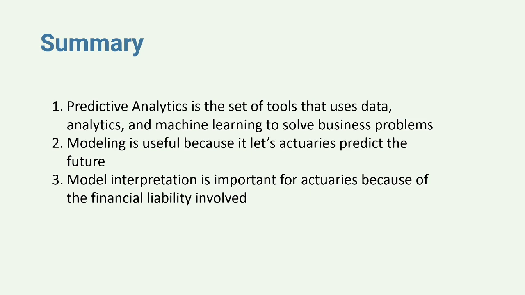Suppose that you're an actuary predicting someone's acceptability for life insurance. If that person gets denied life insurance, they will be very upset and they'll want to know why. So anytime that there's a large financial liability involved, it's critical to be able to explain your results.